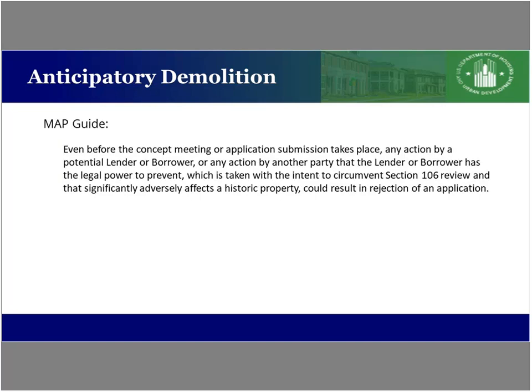The MAP guide reinforces this idea and gives it some practical outline for housing programs. The MAP guide says that even before the concept meeting or application submission takes place, any action by the potential lender or borrower, or any action by another party that the lender or borrower has the legal power to prevent, like for instance a seller, which is taken with the intent to circumvent Section 106 review and that significantly adversely affects a historic property, could result in rejection of the application.